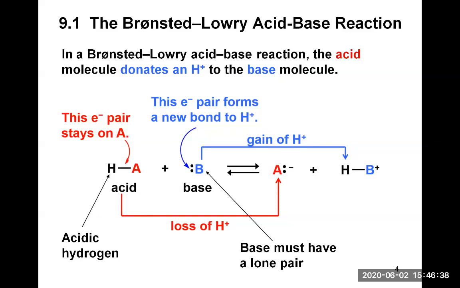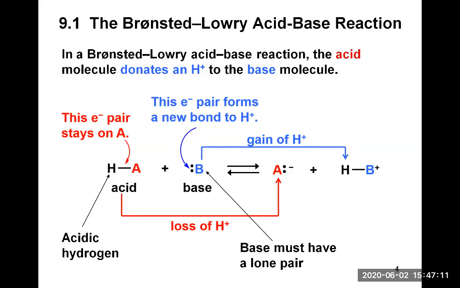We know this because there is H as the first element in the formula. And that first H is the acidic hydrogen. It's the hydrogen that the acid will donate. An acid is a proton donor, which means it will lose that H+. So you see why it branches out as loss of H+. When the hydrogen leaves the acid, it leaves behind the electrons.